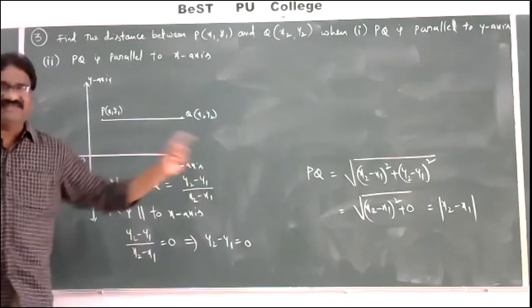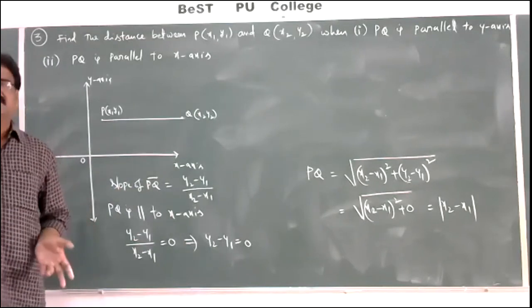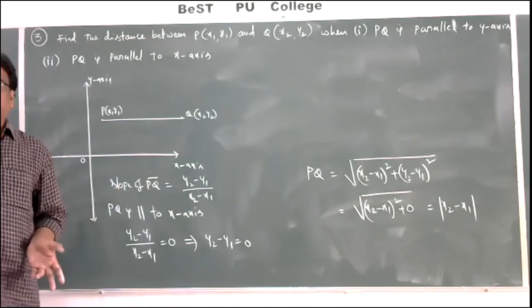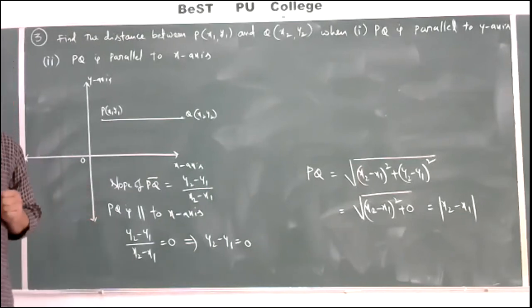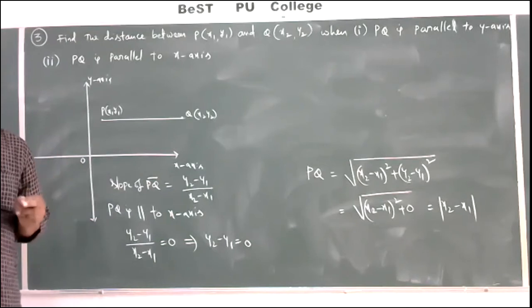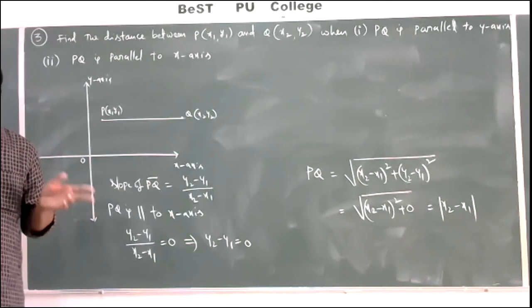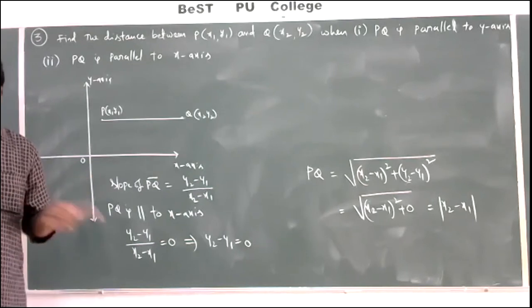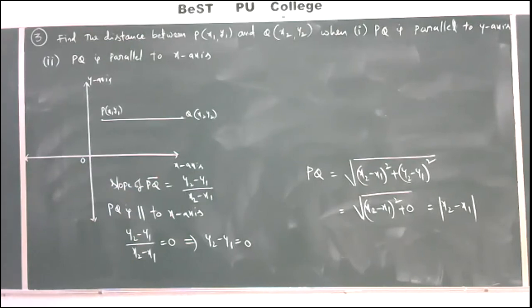So by observing this also, if a line is parallel to x-axis, and that line is passing through the 2 points x1, y1 and x2, y2, then the distance between those 2 points is the difference of the x coordinates.